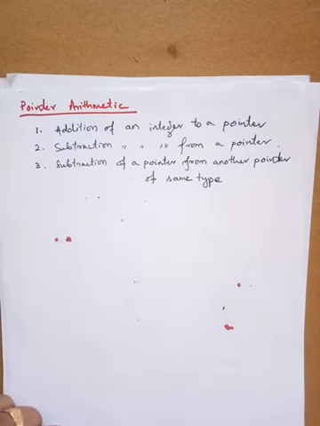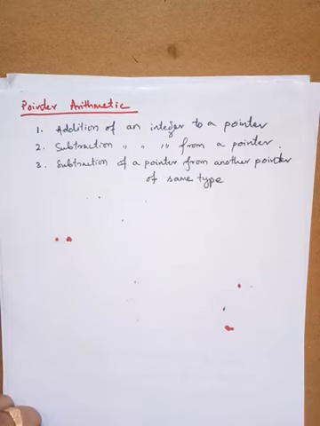Now pointer arithmetic is a little bit different from ordinary arithmetic. Here all arithmetic is performed relative to the size of the base type of the pointer, so that depends on the base type of the pointer.